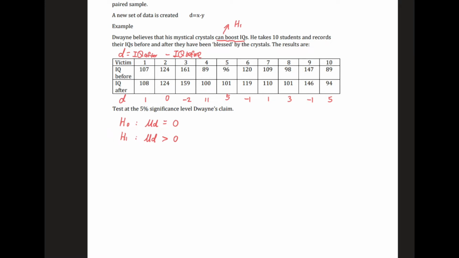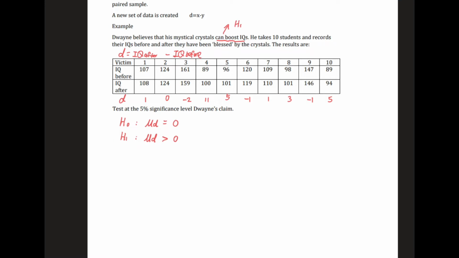Yes, we are using after minus before now. And we can write after minus before instead of difference, right? Yes, you can use words instead of an equation like this. It's fine actually.